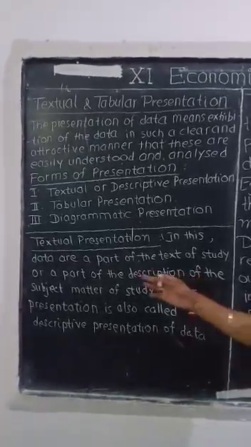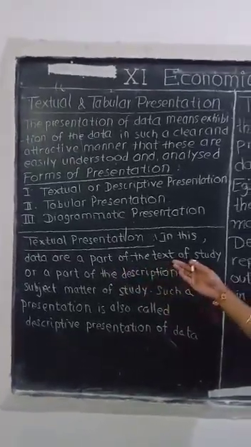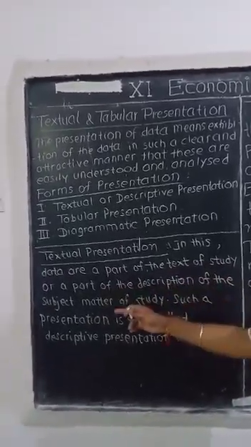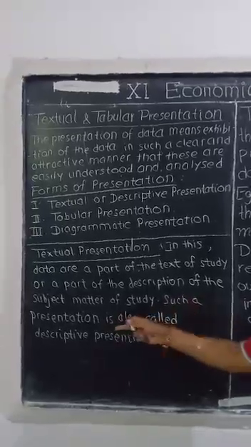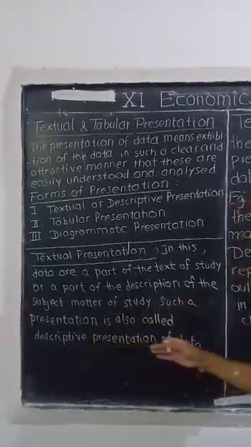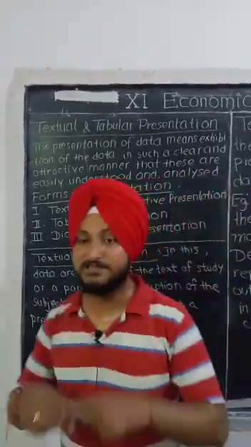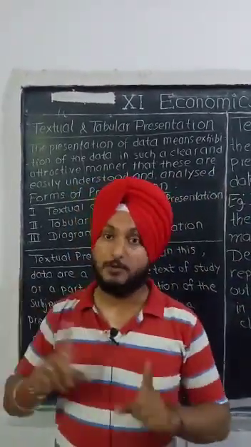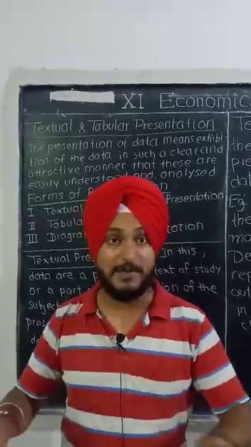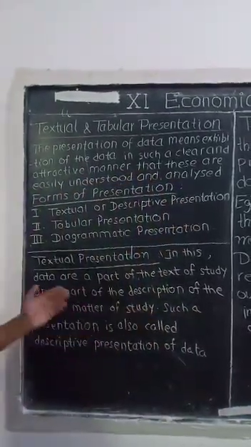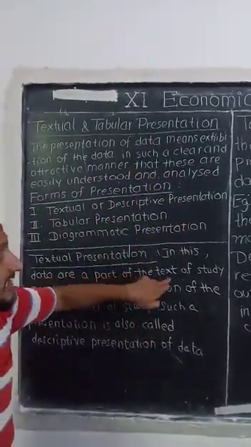In this, data are a part of the text of study or a part of the description of the subject matter of study. Such a presentation is called descriptive presentation of data. In simple sense, students, whensoever we present the data in writing, not by making any diagram or table, simply by writing the data.